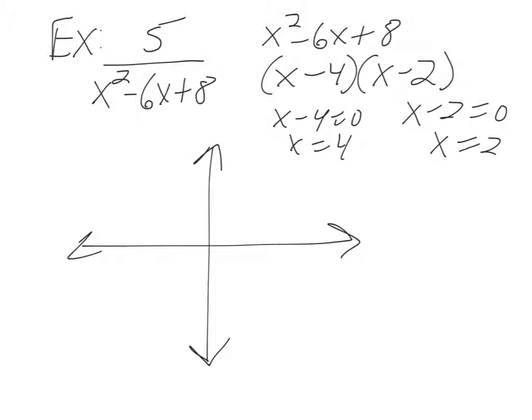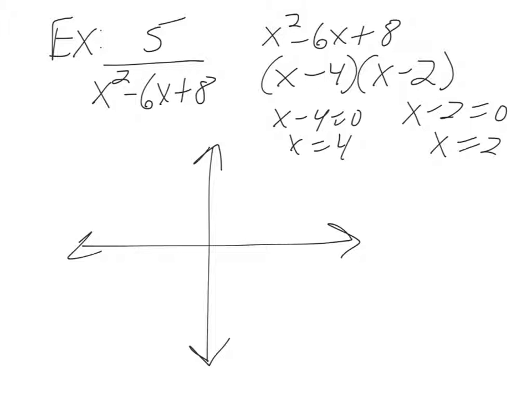Alright, in our next one here, I have 5 over x squared minus 6x plus 8. So x squared minus 6x plus 8 has not been factored, so I do have to factor it, which is x minus 4, x minus 2. After I factor it, I set them equal to 0 and solve for those two equations.